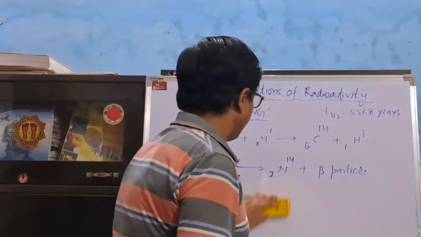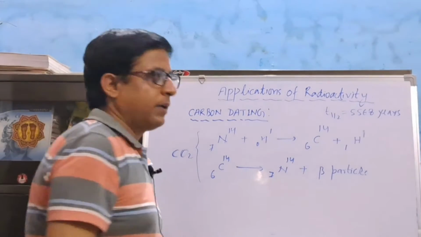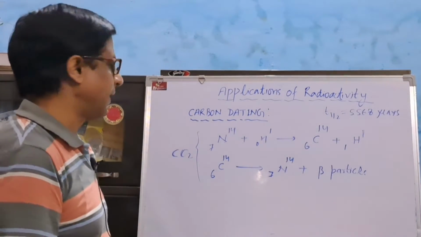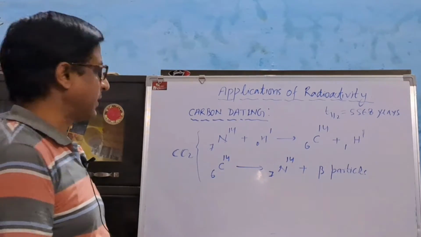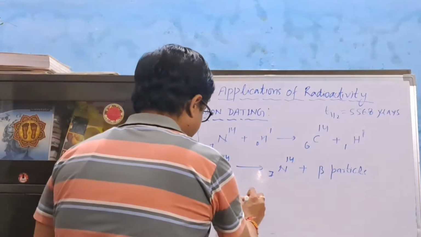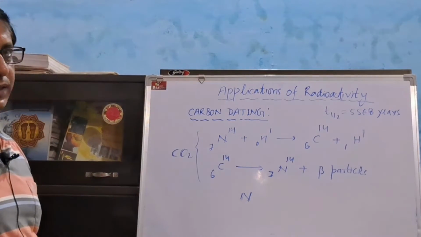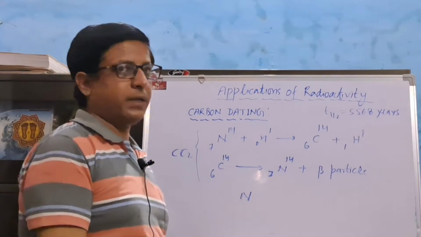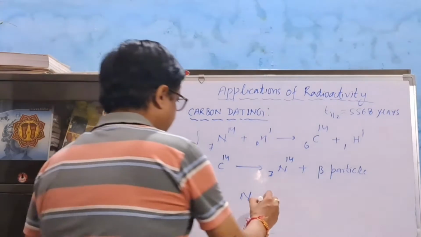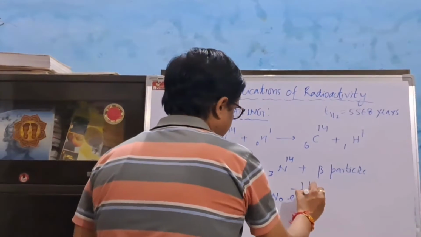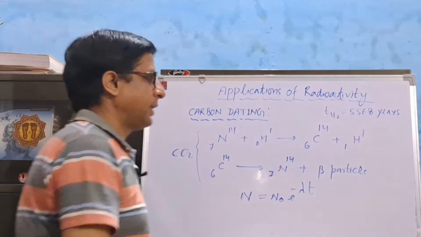Now, if after t years the decay rate of any wood sample is n disintegrations per minute per gram, then we have n is equal to n0 e to the power minus lambda t.